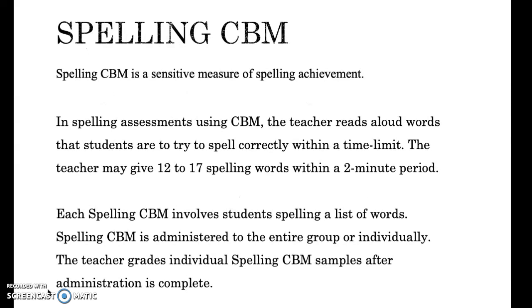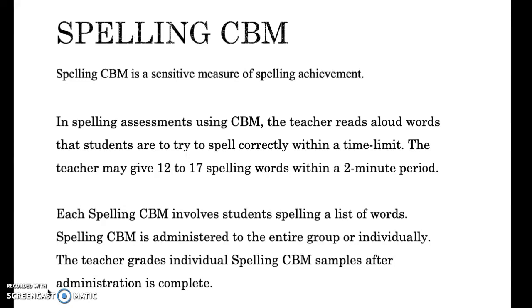So spelling CBM is a sensitive measure of spelling achievement. In spelling assessments using CBM, the teacher reads aloud words that students are to try to spell correctly within a time limit. The teacher may give 12 to 17 spelling words within a 2-minute period.